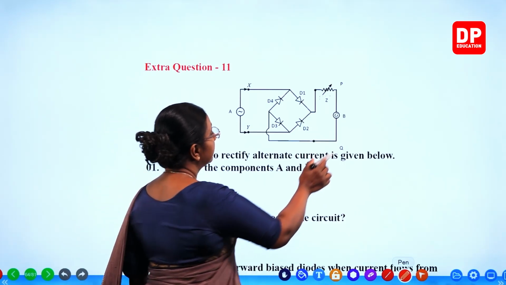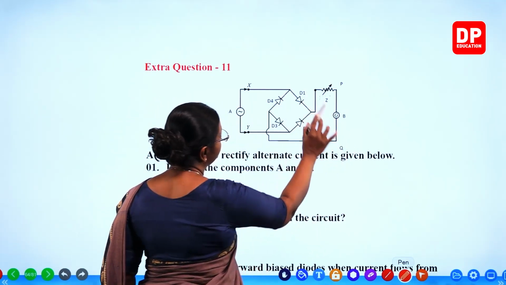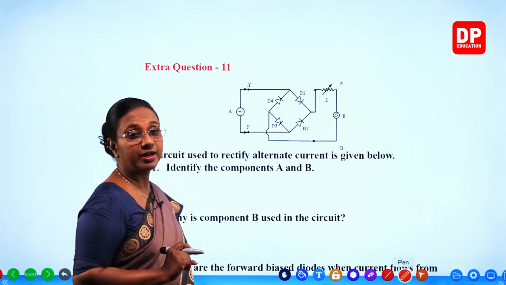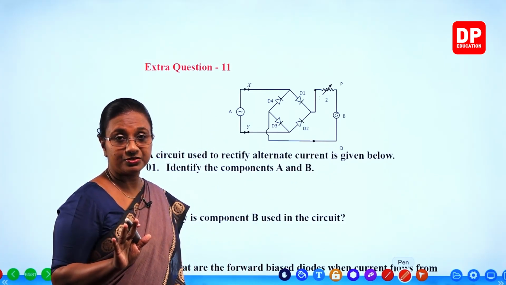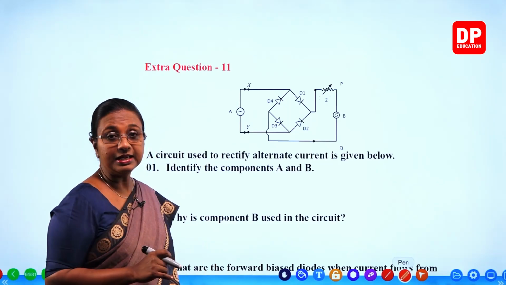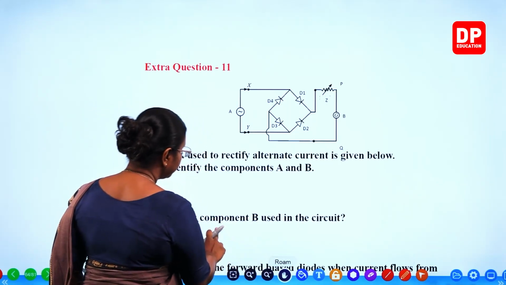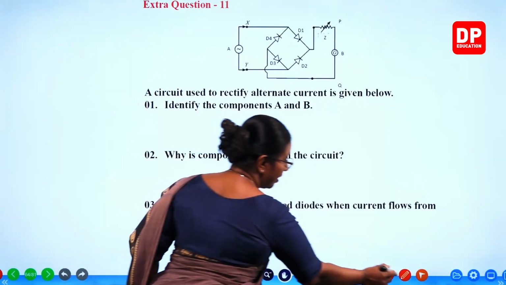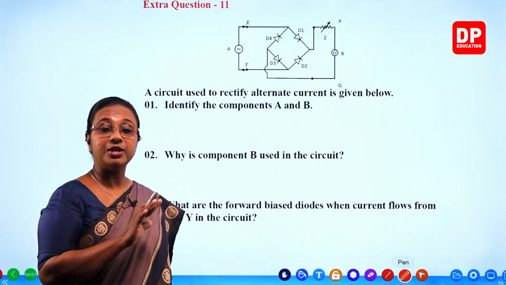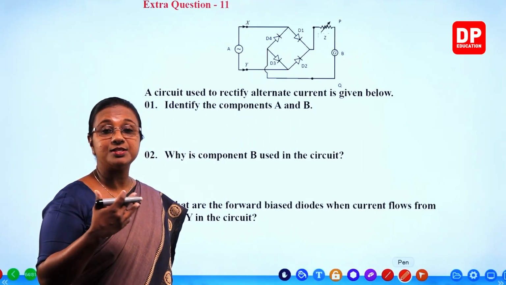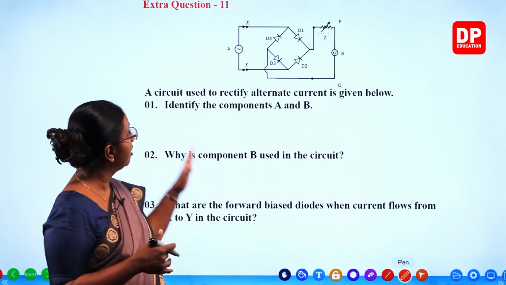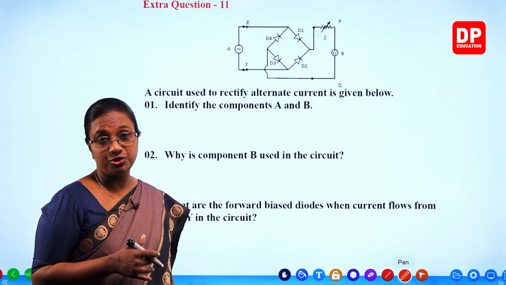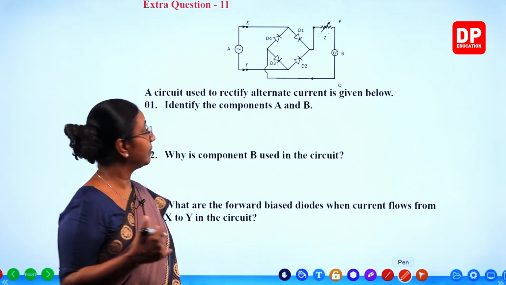So we have identified all the components given there. Is that clear, students? Then we'll look at the question. Like I always tell you, when you are given a diagram, try to get as much information as possible from it. Then it's easy to answer the questions.